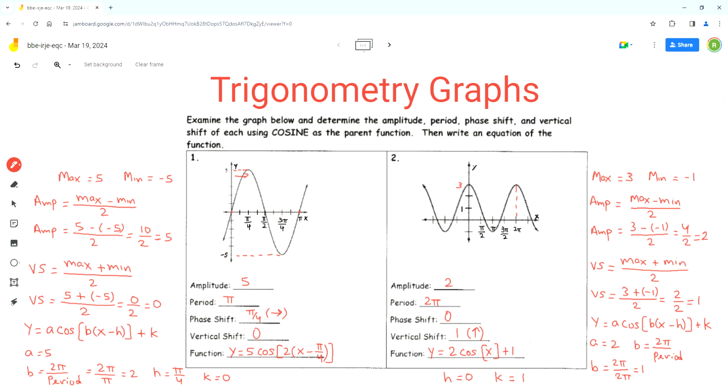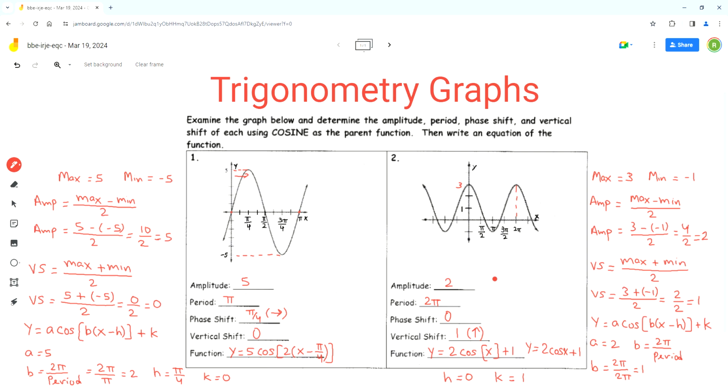So we can just rewrite this equation as y equals 2 cos x plus 1. So this should be the final answer for the equation of the function represented by graph 2.